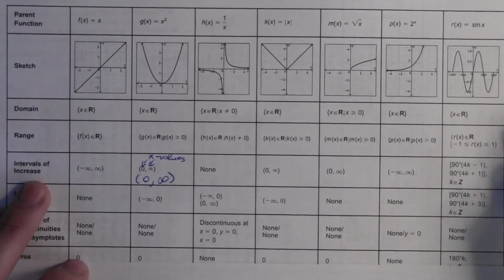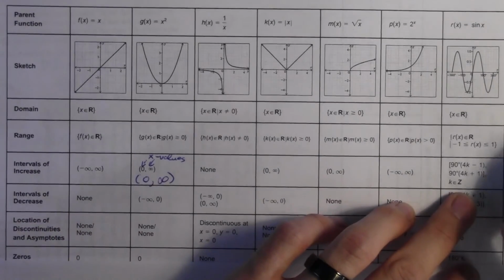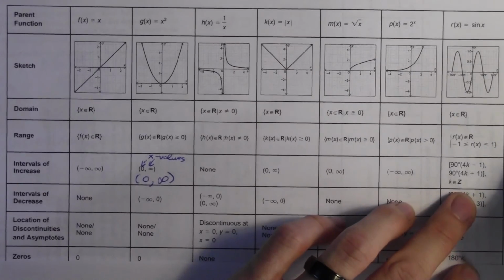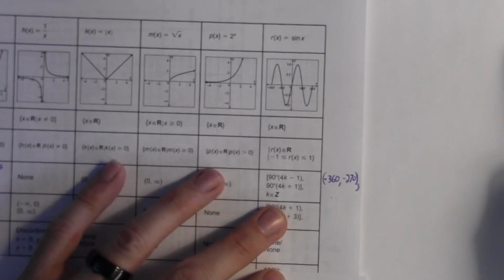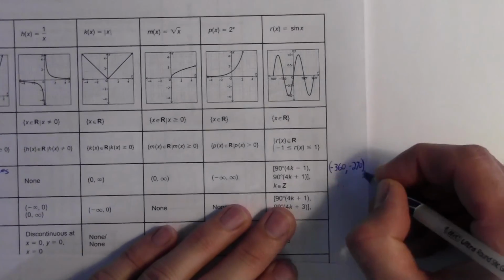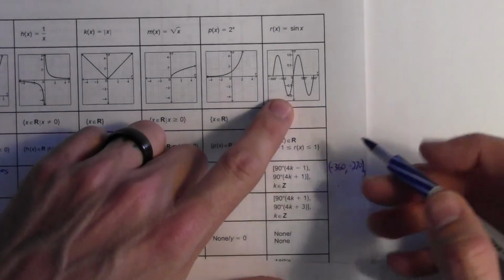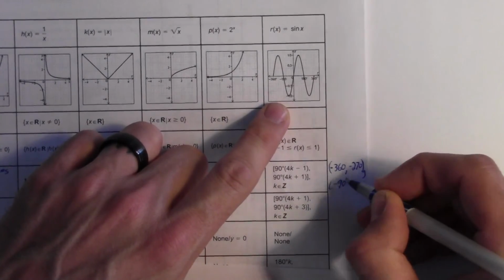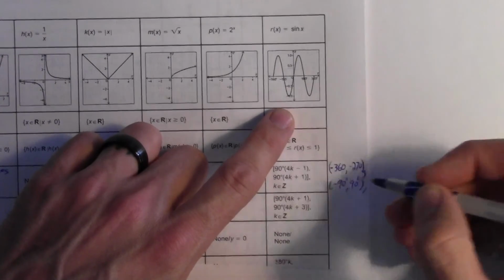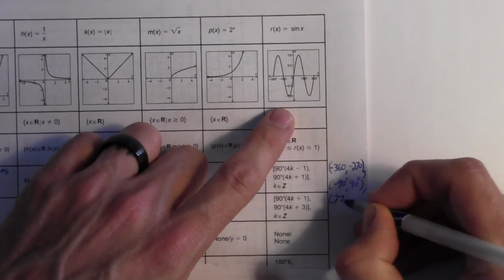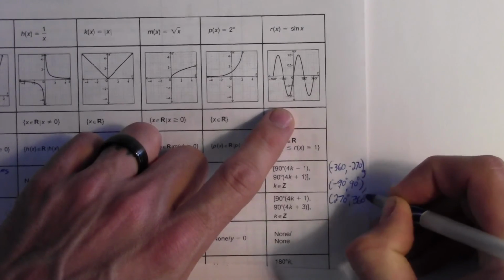So for intervals of increasing, that would be from negative 360 to negative 270, comma, increasing from negative 90 degrees to 90 degrees, comma, and finally 270 degrees to 360 degrees.